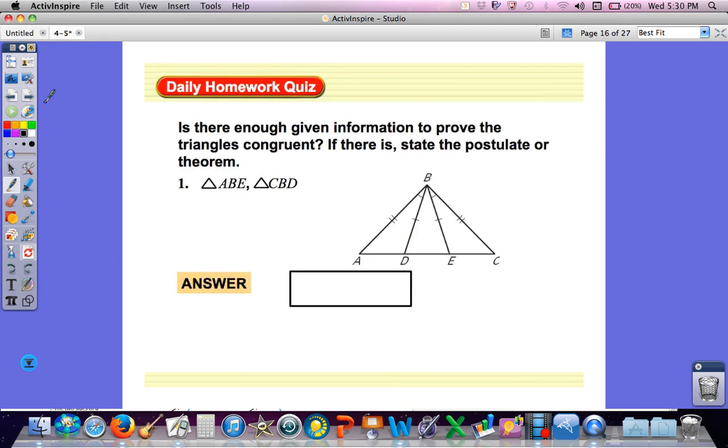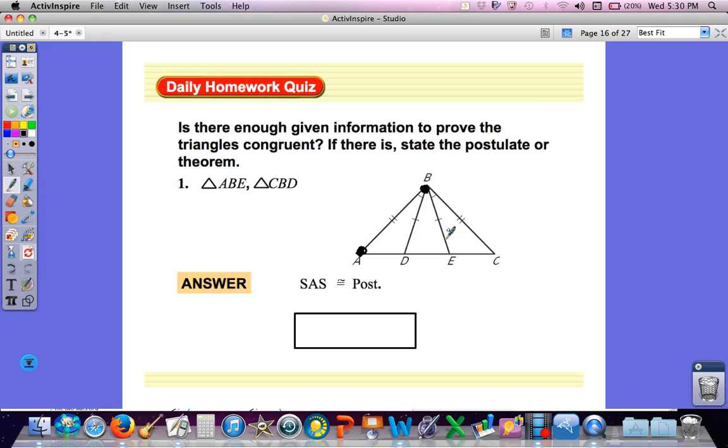Okay, so now the daily homework quiz. Is there enough information to prove the triangles are congruent? Well, we have sides that are congruent, one set of sides, two sets of sides, and the included angles. So there is enough information to prove it. We were talking about ABE and CBD.